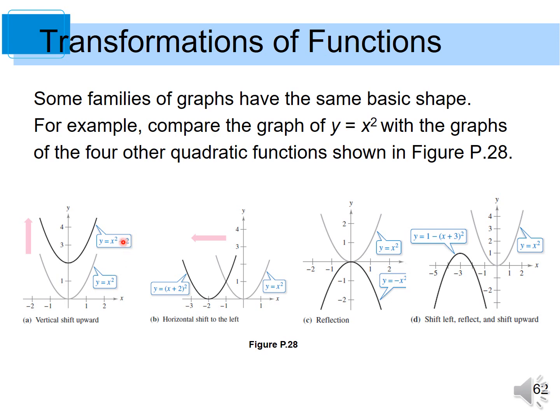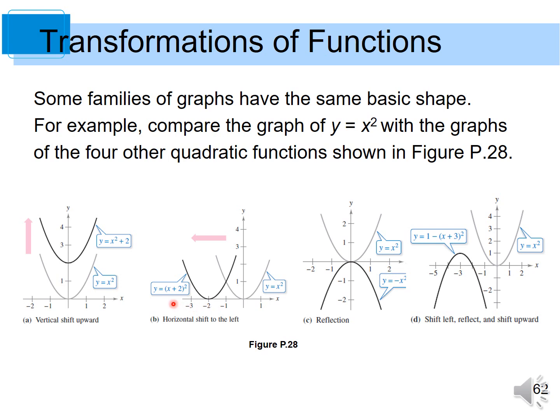You can see the graph is shifted upward vertically by 2 units. For the second graph, the brighter color is also the given function y equal to x squared, and the new function is y equal to (x plus 2) squared, where the x plus 2 shifts the graph to the left side by 2 units.